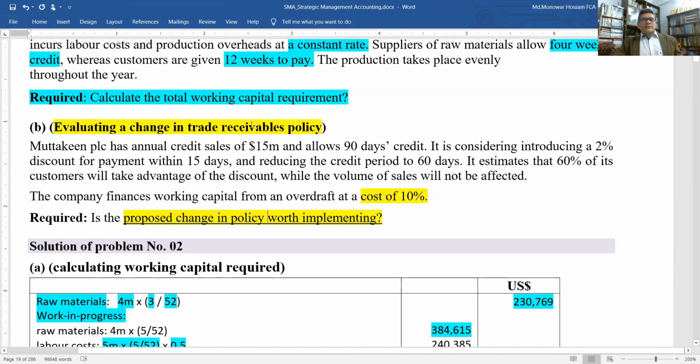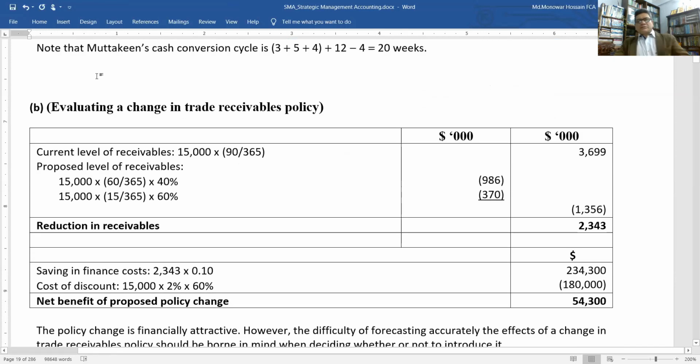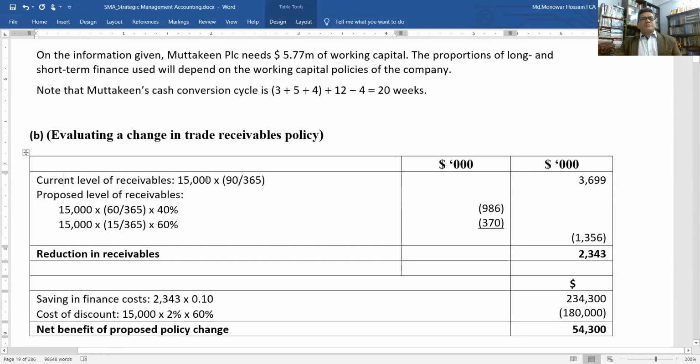So let us start evaluating the item. Current level of receivable 15,090 days, 3699. Proposed level of receivable 15,360 60, 40% and 60% total.